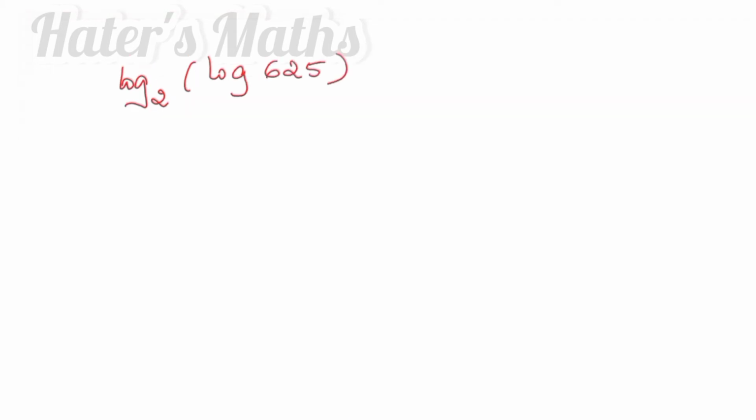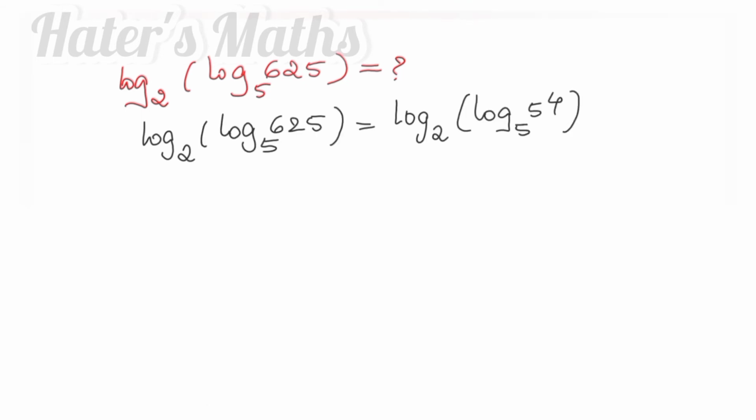Another question: log to the base 2 of log 625 to the base 5 is equal to what? We need to simplify this one. 625 is 5 power 4, so log 5 power 4 to the base 5. By using the power rule, it is 4 log 5 to the base 5. And log 5 to the base 5 means 1.